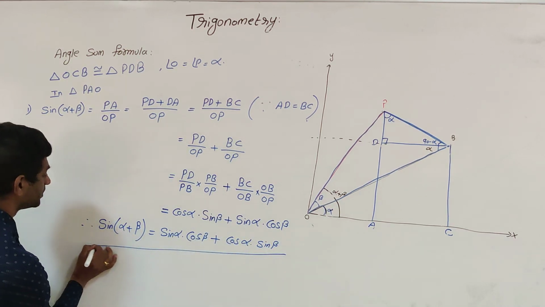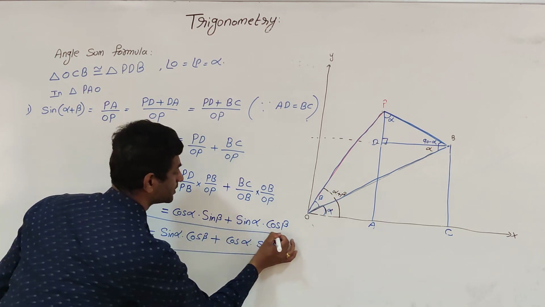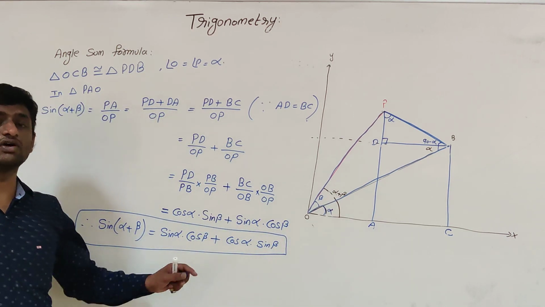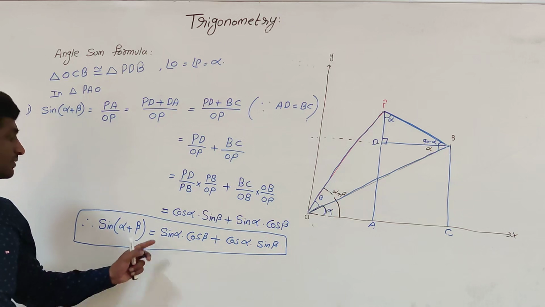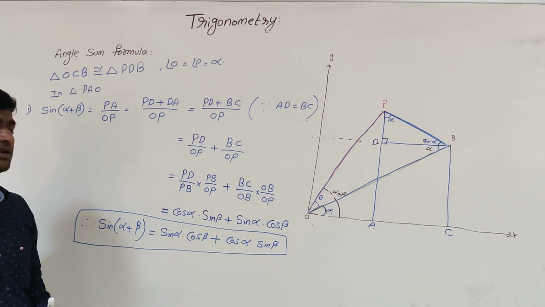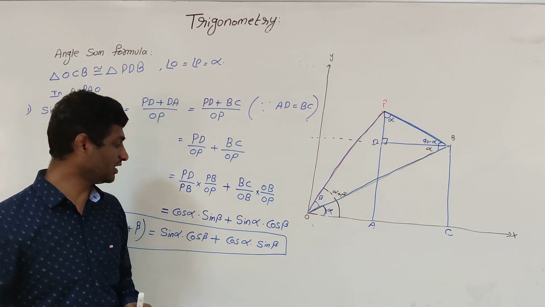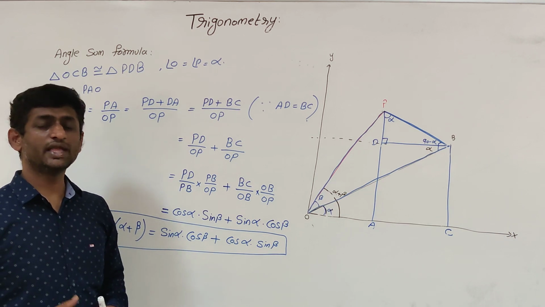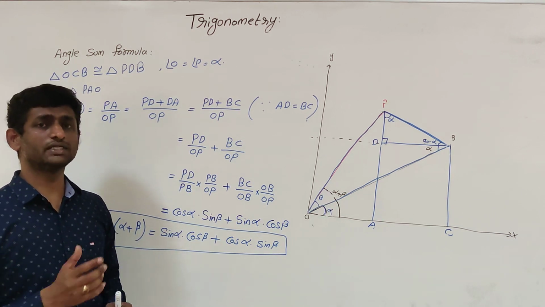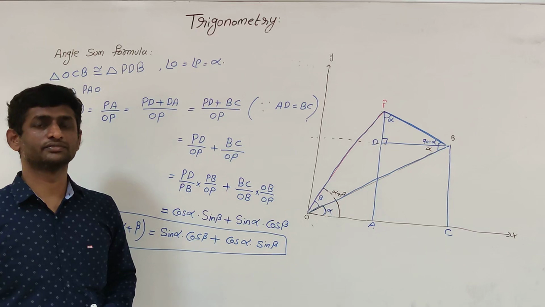So this is the compound angle for what? Alpha plus beta. Sin of alpha plus beta, whenever it comes, we can expand as sin alpha cos beta plus cos alpha sin beta. Next we'll go for one more, that is cos of alpha plus beta.